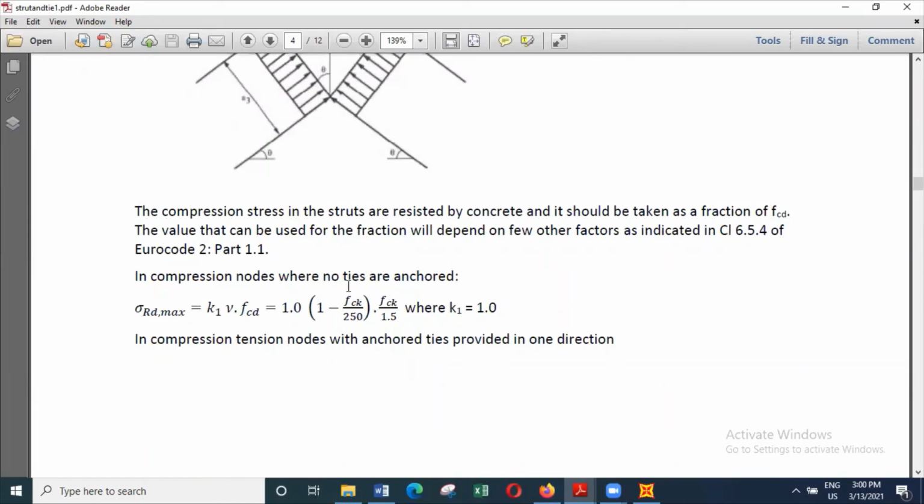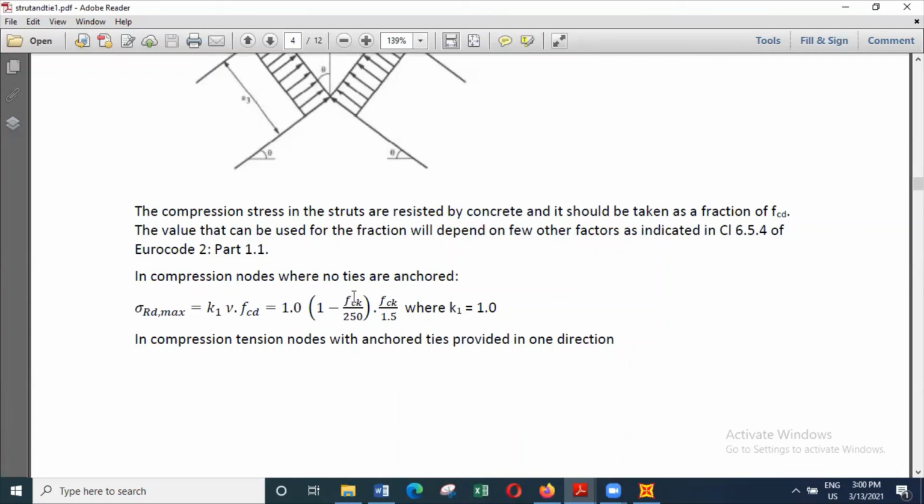So in compression nodes where no ties are anchored, you can see the maximum force carrying capacity is given by this equation, which is given in Eurocode, and it says it's k1 times nu fcd. The value recommended for k1 is 1, and the value of nu is 1 minus fck over 250, and fck is about 25 or 30.